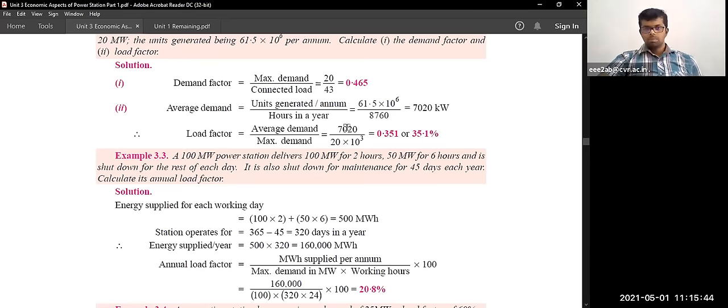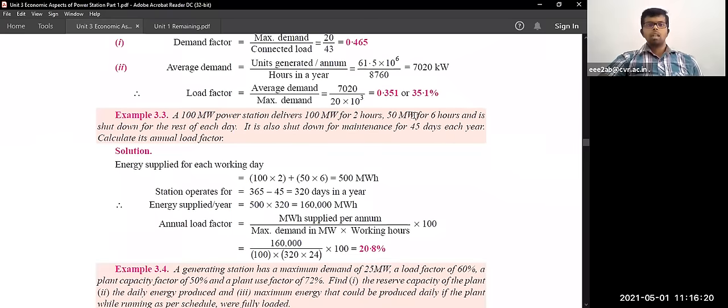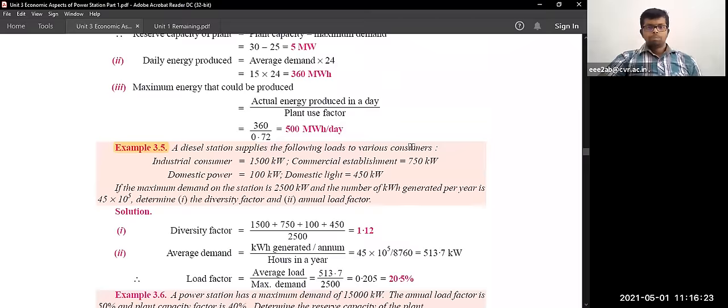Then average demand divided by maximum demand, which is 20 into 10 to the power of 3 kilowatt, since we are converting 20 megawatt to kilowatt. That is 0.351, that is 35.1 percent. Okay, coming to the next problem.